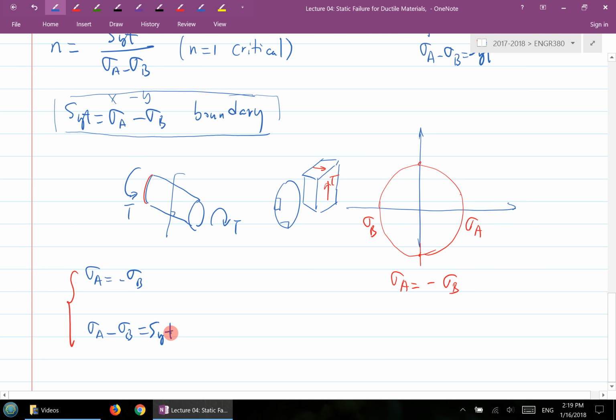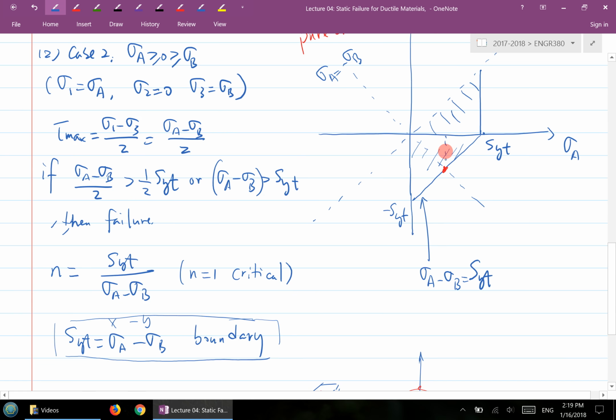Solving the two line equations to get the intersection point, this intersection point will give us a value sigma A equal to SYT over 2. So basically here, if you draw it upwards, this is your SYT over 2.